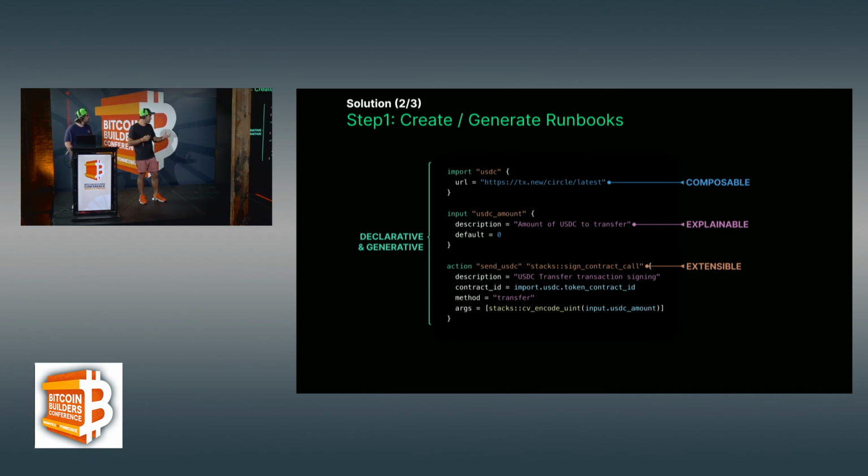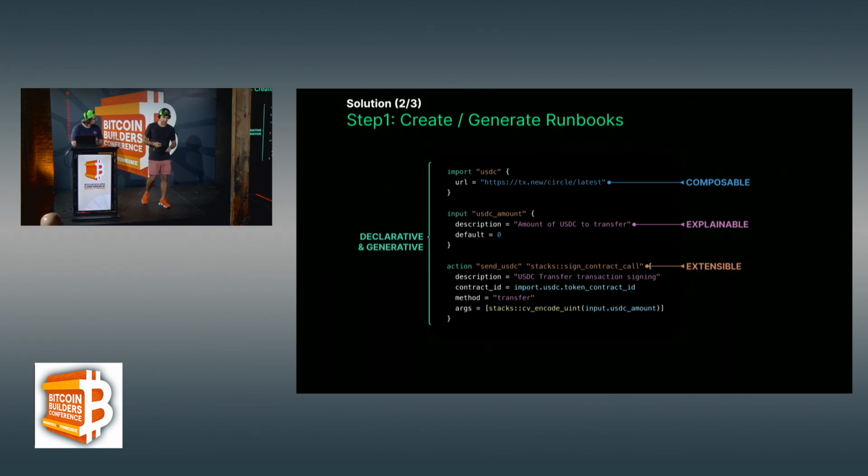We are trying again to be as concise as possible, and by being concise and clean, we are increasing maintainability. We also want to have composability, meaning a runbook can call into another runbook. We want those runbooks to be explainable, meaning documentation is a first-class citizen. And finally, extensible, in the sense that we want to be able to support any chain.